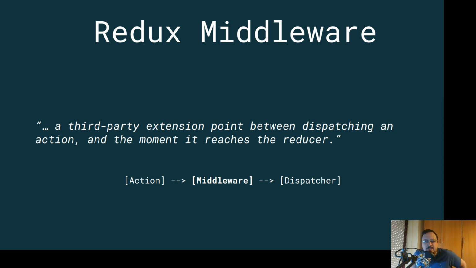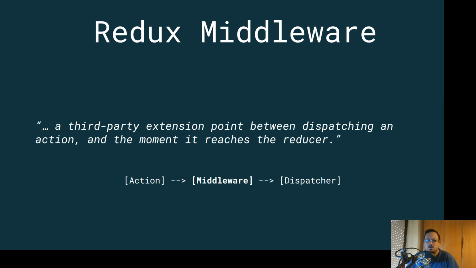So as you see in the schema, as you recall, we have an action that is dispatched to go to the reducer. So it goes in between before it really gets dispatched. Here would be the middleware. So this is the definition.